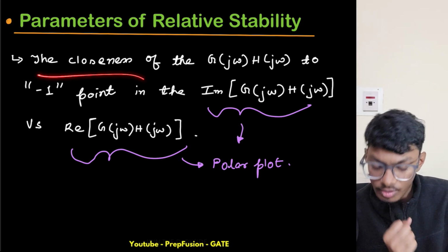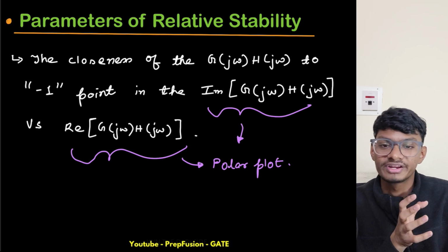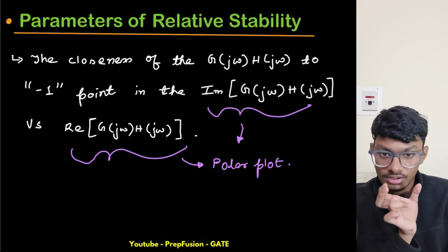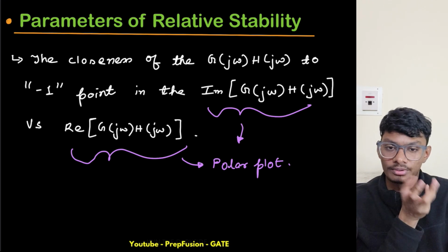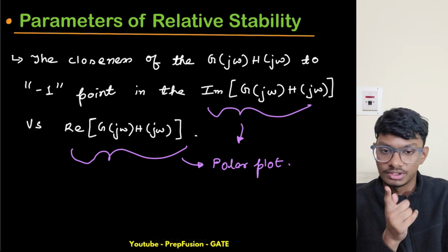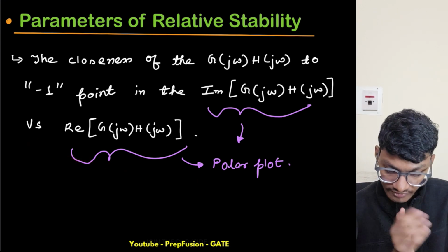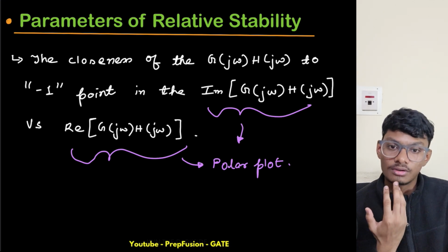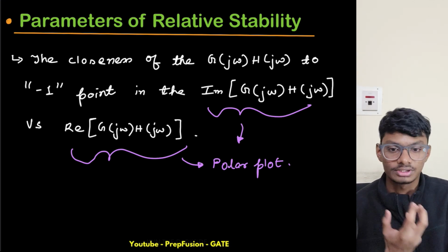The closer it is, the less relatively stable it will be, because there is more variation and it is more susceptible to touching the minus 1 point. And if it touches the minus 1 point, then obviously my system will become unstable. So this was a basic brief about gain crossover frequency and phase crossover frequency. Slowly, as we go along this chapter, all your doubts will get cleared, don't worry.